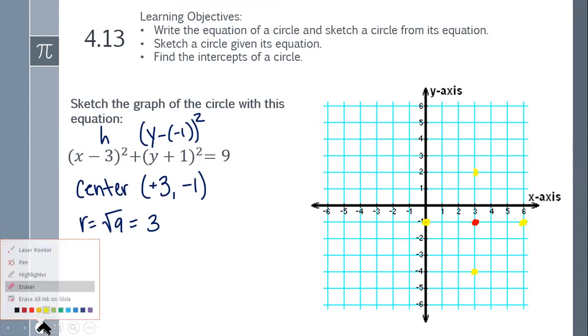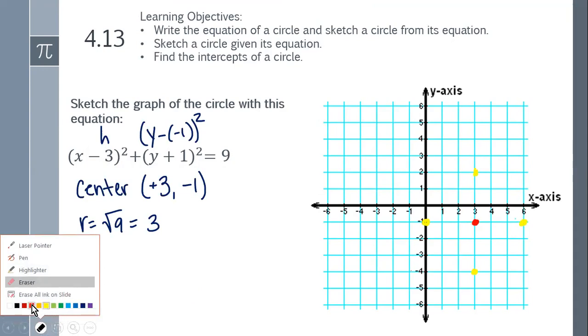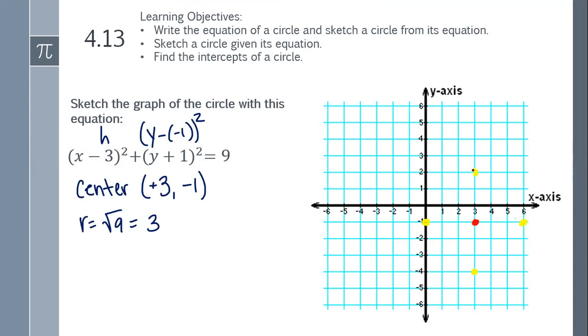Okay, so once I have those points, connect them. And again, I don't expect you to have a perfect circle sketching by hand. Mine's not perfect by any stretch of the imagination, but close enough. Okay, just count once you have your radius and you're done.